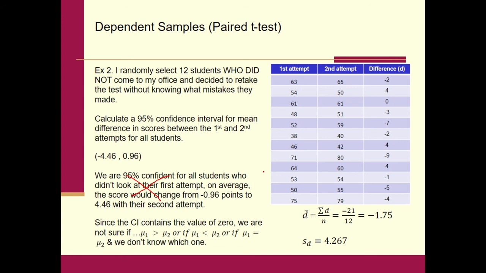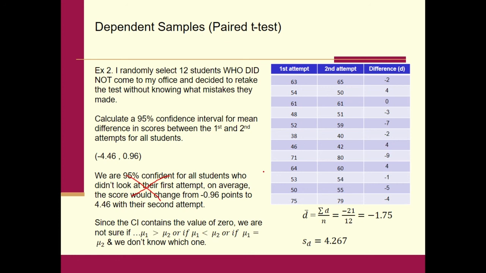So, in other words, how I want you to think of it is that since the confidence interval contains the value of 0, we are not sure if mu1 is greater than mu2, mu1 is less than mu2, or mu1 is equal to mu2. We don't know which one. And so if they do not come into my office and take a look at their first attempt, does it appear to be a significant difference with their second attempt on average?